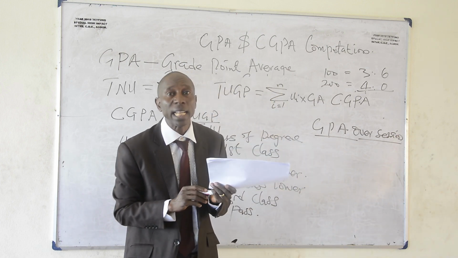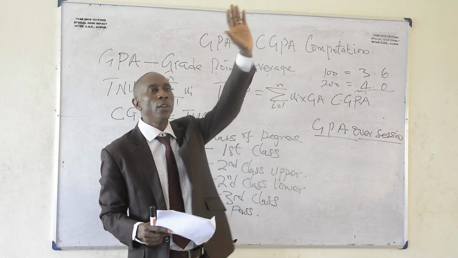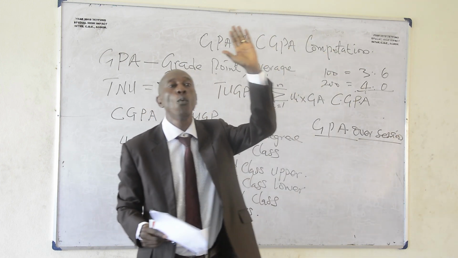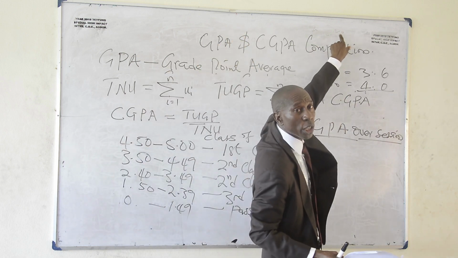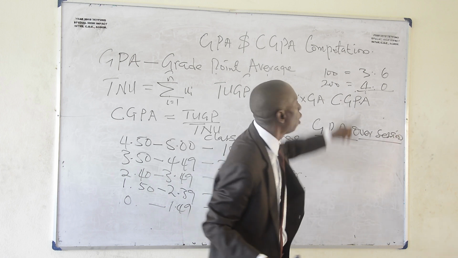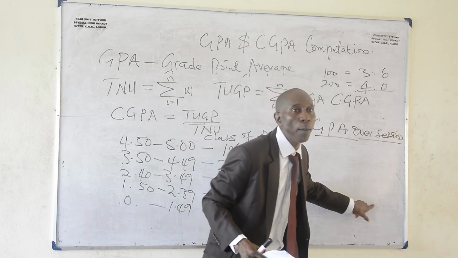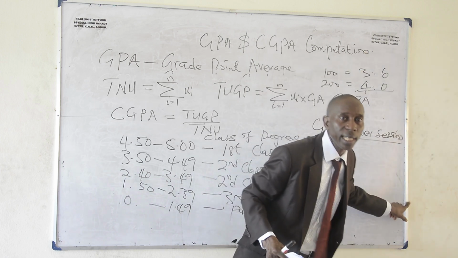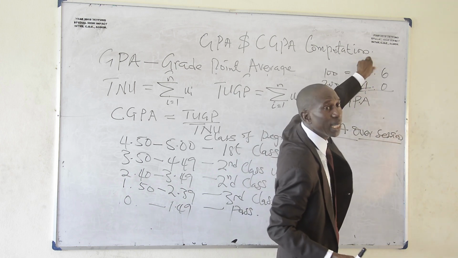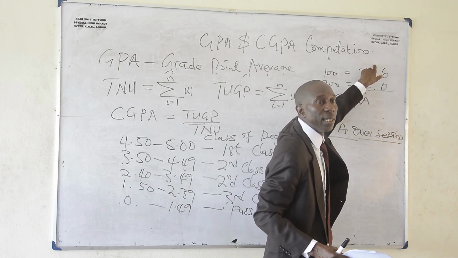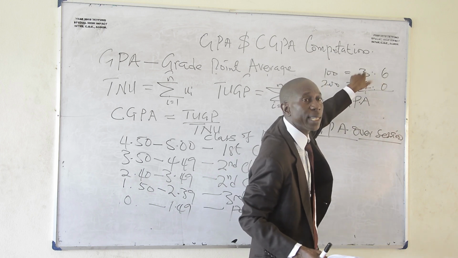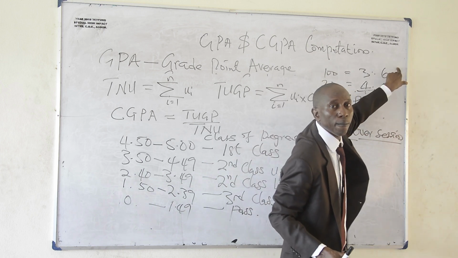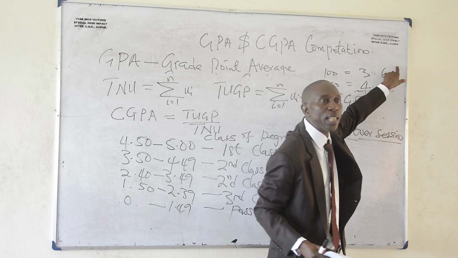Or for a student who has successfully written all exams from year 1 to final year, all you need to do is to put all the courses in a table, all the grades in a table, and then all the units in a table. Then you multiply the grade, like A is 5, B is 4, C is 3, by the unit that's assigned to that course.